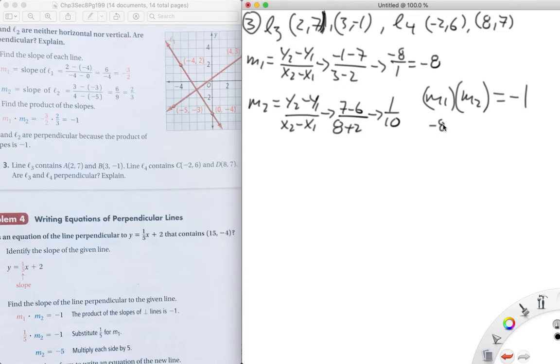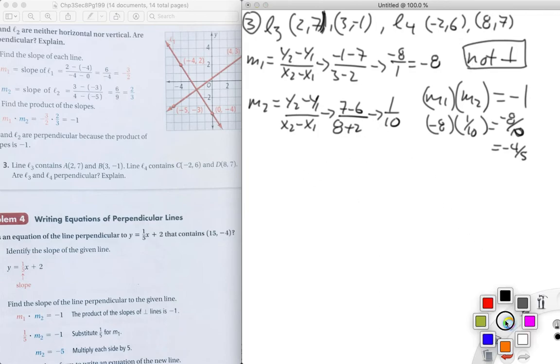Negative 8 times 1/10 gives me negative 8 over 10, which simplifies to negative 4/5. That means these are not perpendicular. Or I can just see that they're not negative reciprocals of each other. So that makes them not perpendicular.